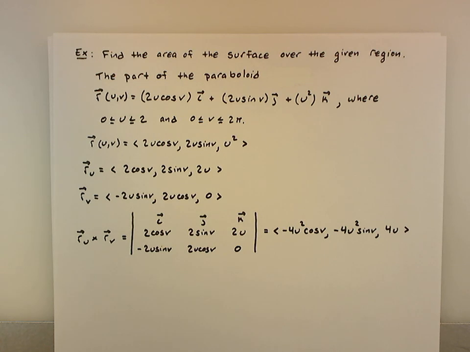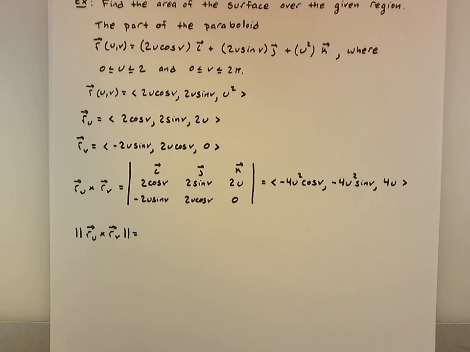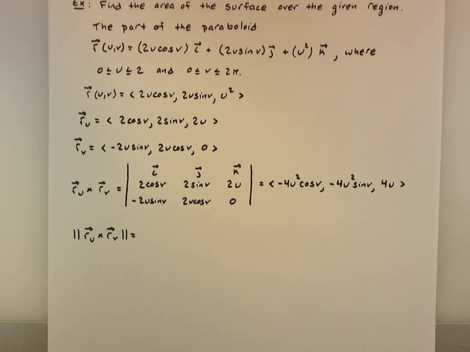So the magnitude of the cross product is equal to the square root of the sums of the squares of each of those components.